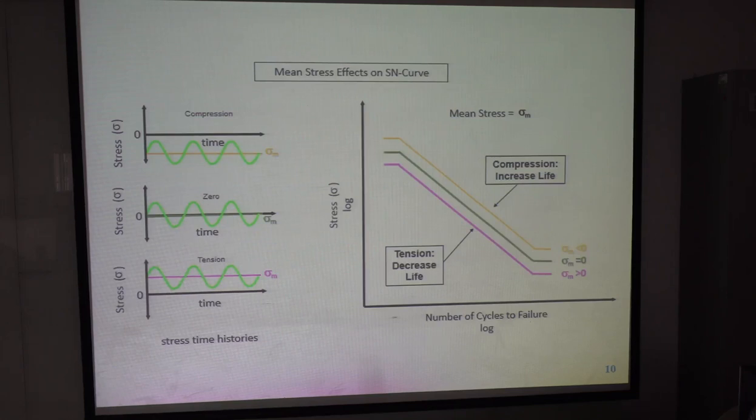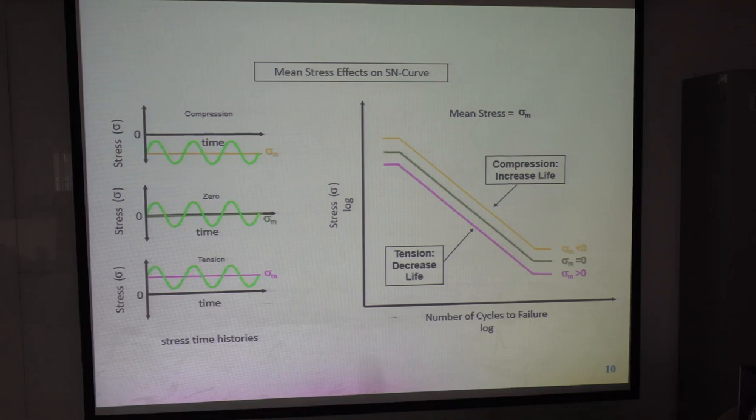Then, we have compression mean stress or tension mean stress, and the 0 mean stress case. The 0 mean stress case is the green line. The compression mean stress is the yellow line.